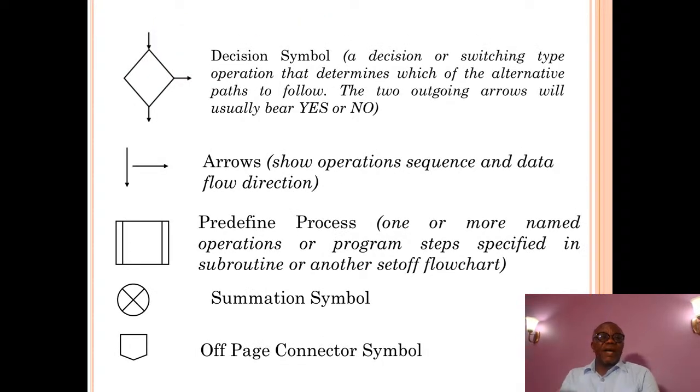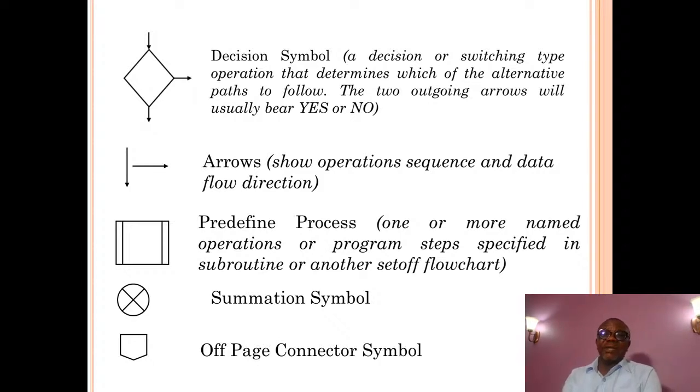Then you have this symbol, which is called diamond symbol, with 1 arrow pointing in and 2 arrows pointing out. Anytime you see that, it's called a decision symbol. This is a decision or switching type operation that determines which of the alternative paths to follow.